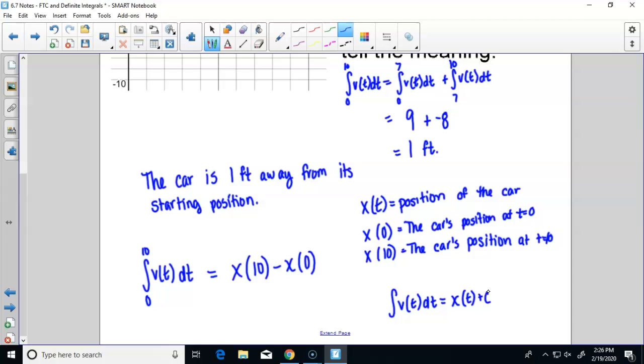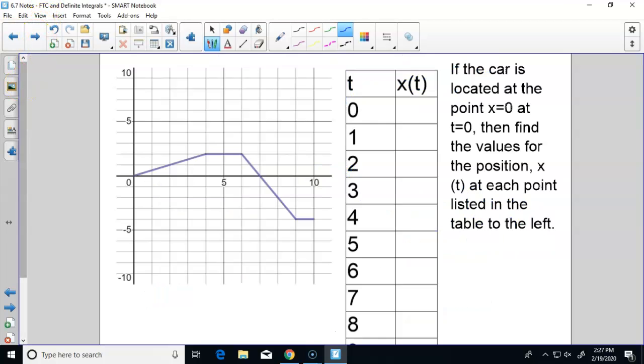Okay, so this brings us to another application of the fundamental theorem of calculus. We said that the fundamental theorem of calculus basically tells us that derivatives and integrals are inverses of each other.